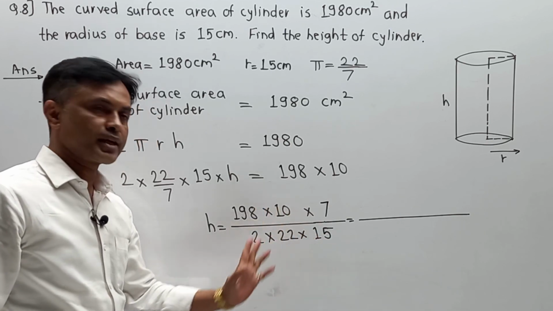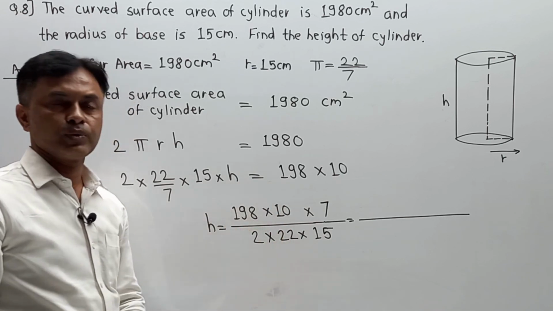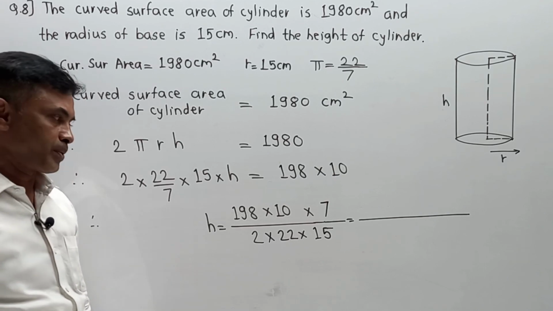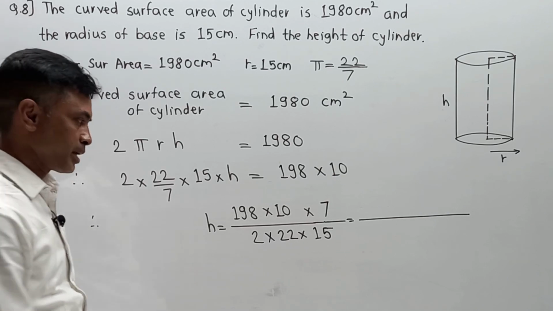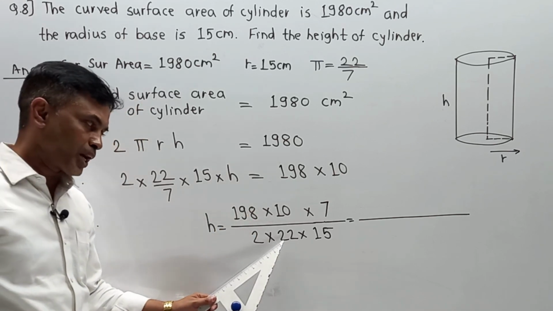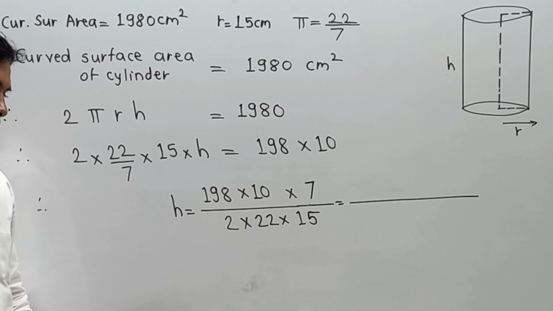The main problem is 198 and 22. Here I am trying to split this 198. No doubt either 22 or a multiple of 11, cross check it.